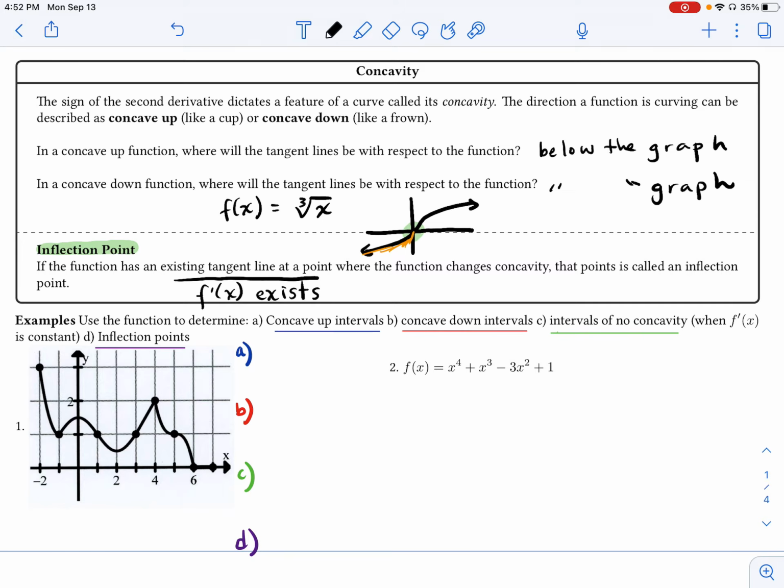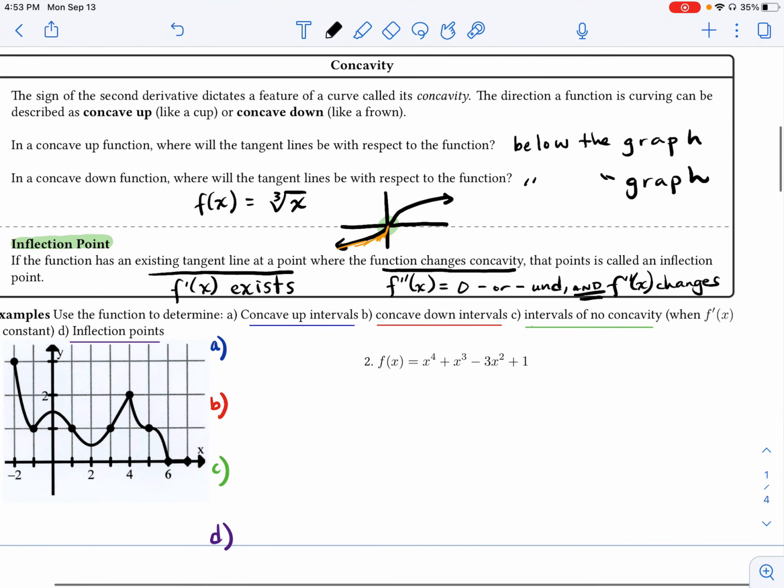The second condition is that that function is changing concavity. And similar to us talking about a function changing from increasing to decreasing to be an extrema, we can then look at the following. F prime of x would be equal to either 0 or undefined, and more importantly, f prime of x changes signs.